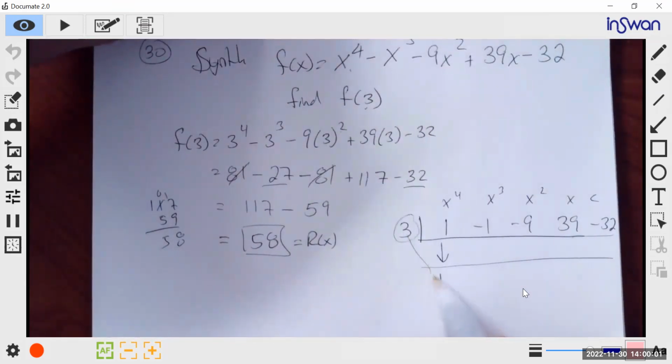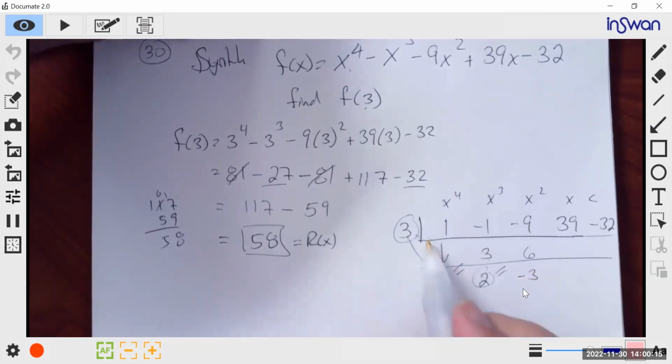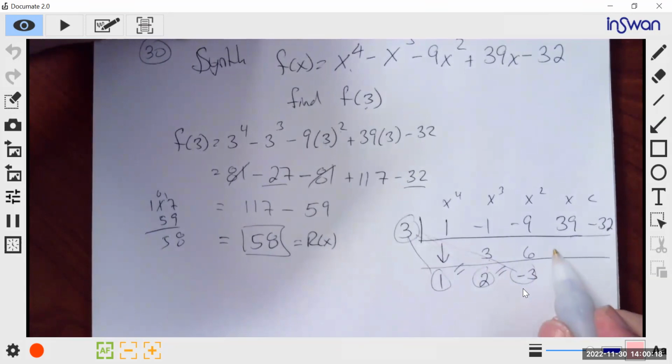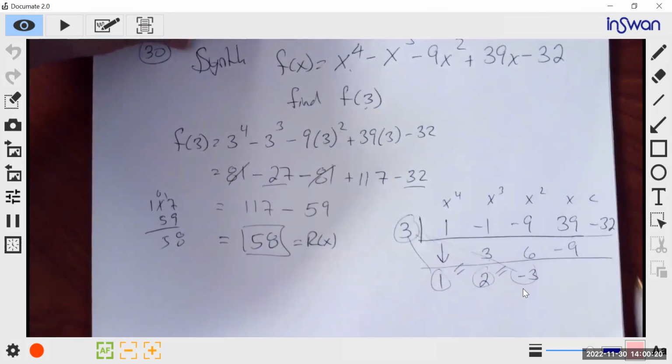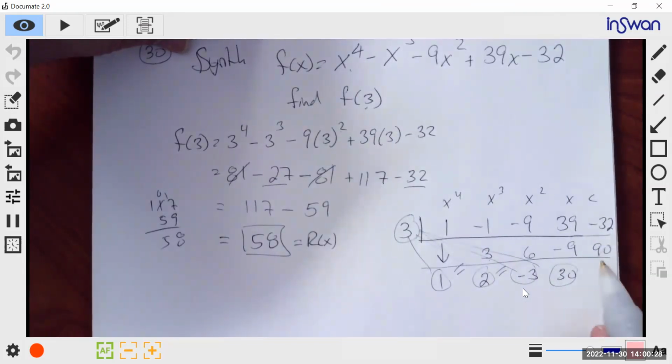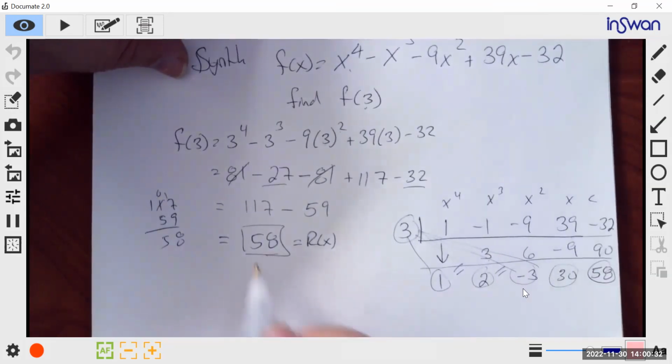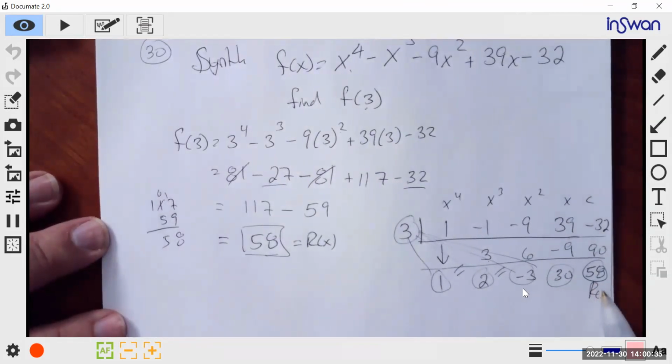So multiply. 3 times 1 is 3. -1 plus 3 is 2. 3 times 2 is 6. -9 plus 6 is -3. 3 times -3 is -9. 39 minus 9 is 30. 3 times 30 is 90. 90 minus 32 is 58. Same thing. That's our remainder.